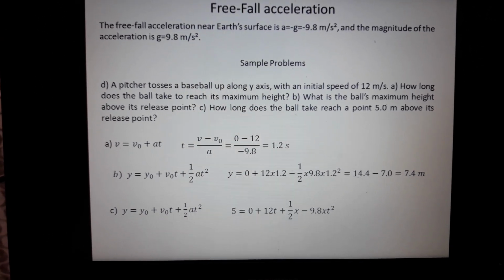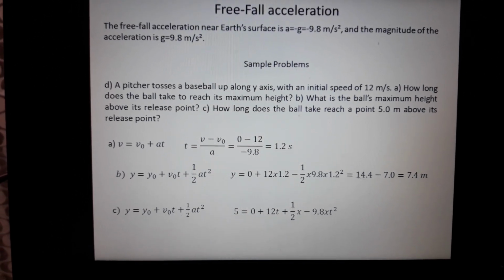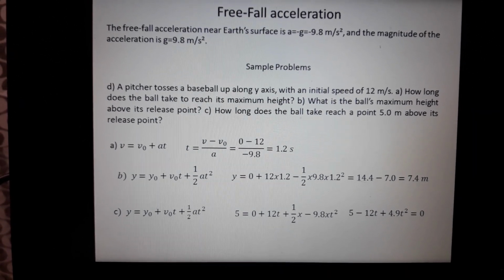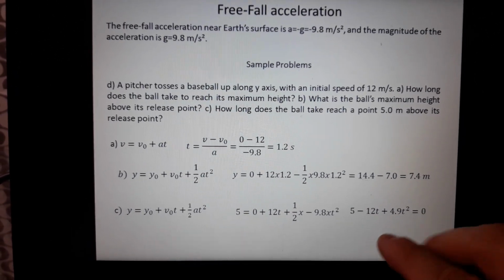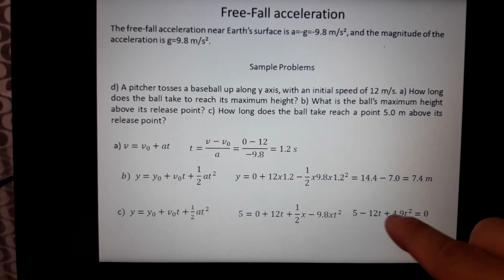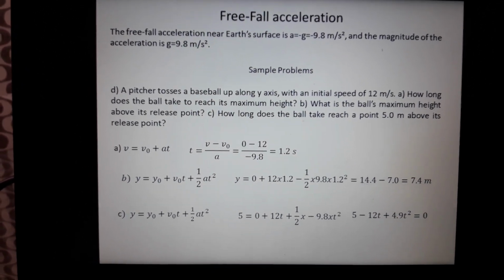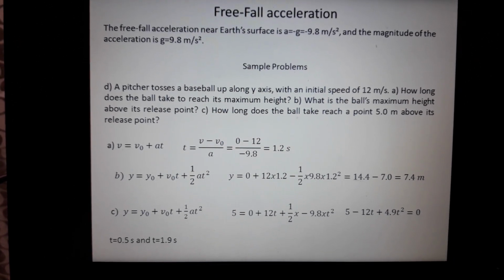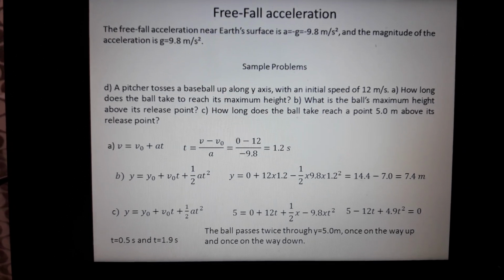So we will find two values. We are here in a quadratic equation in t. So we have 0.5 seconds and 1.9 seconds.